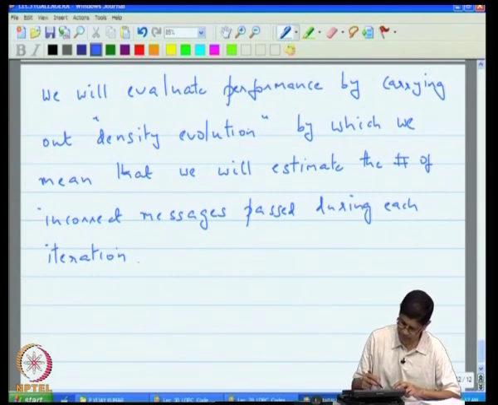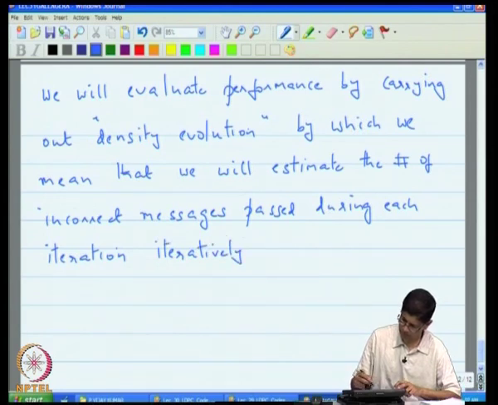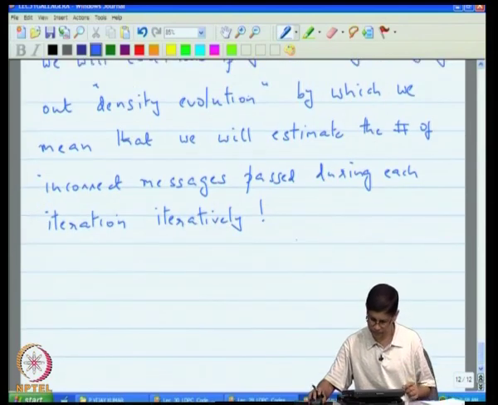And we will actually do this iteratively. Okay.